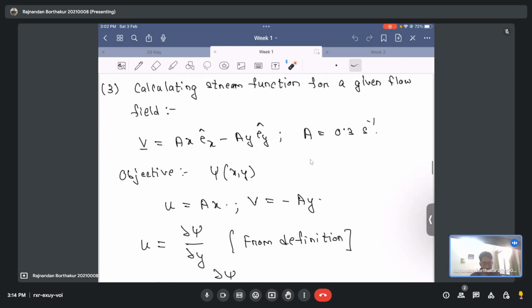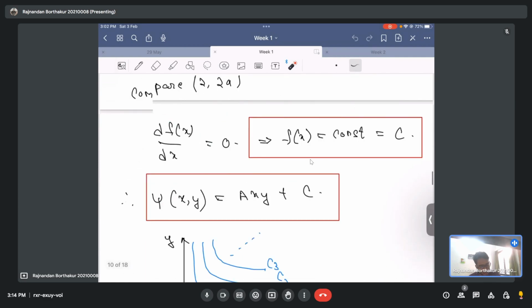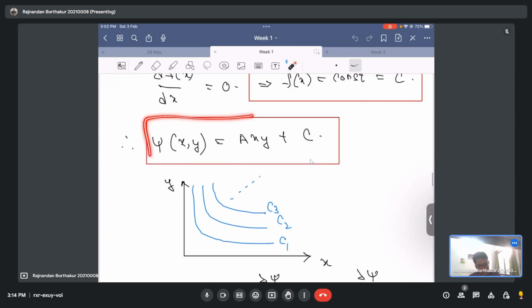Thereafter, we solved some problems corresponding to some fundamental definitions in fluid dynamics. For instance, we saw how to calculate the stream function given a velocity field in the Eulerian description, which is of this form. We used the basic definition of the stream function, found what the stream function would be, and qualitatively saw some plots associated with this form of the stream function.